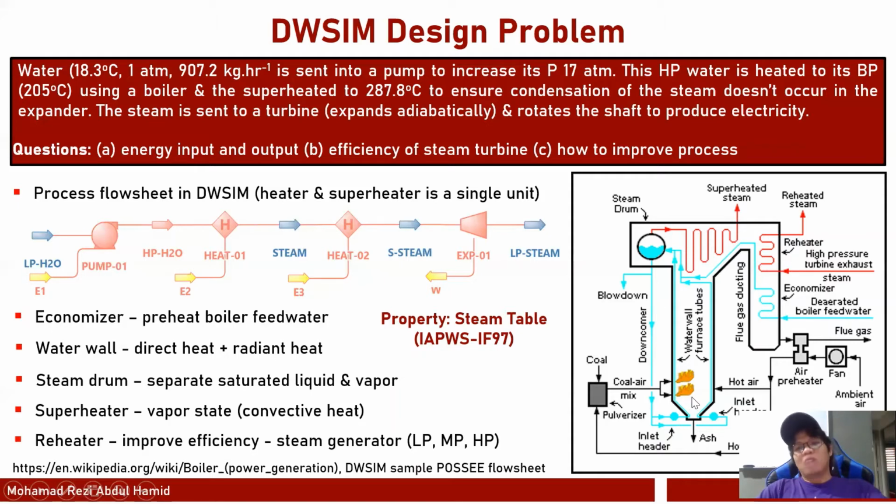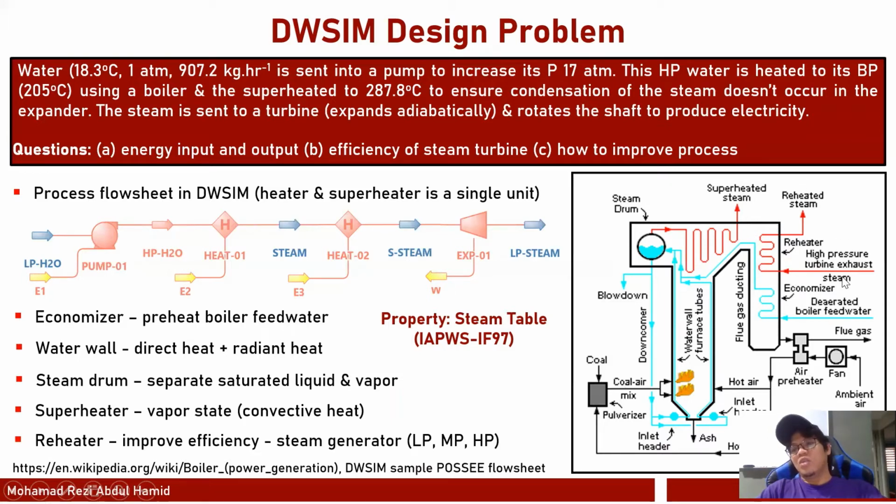The second one basically turns the slightly hot boiler feed water into saturated steam, and then it goes to here, and the next one you have a steam drum, and then the next one you will have a superheater.